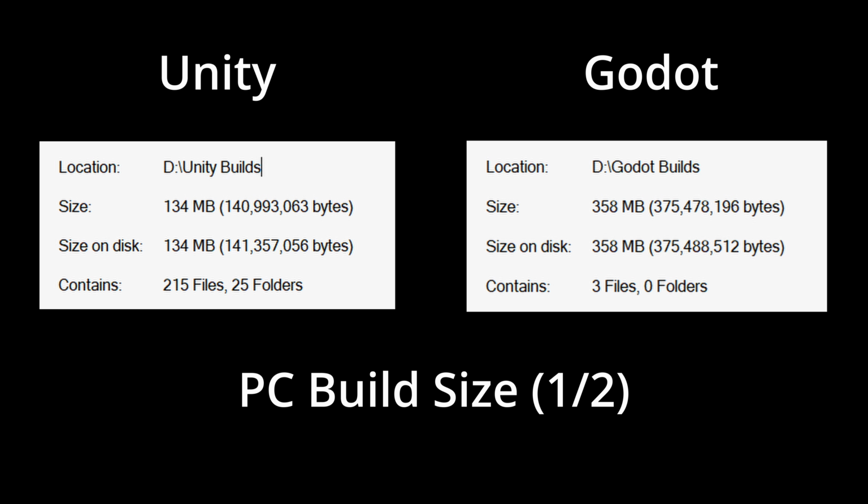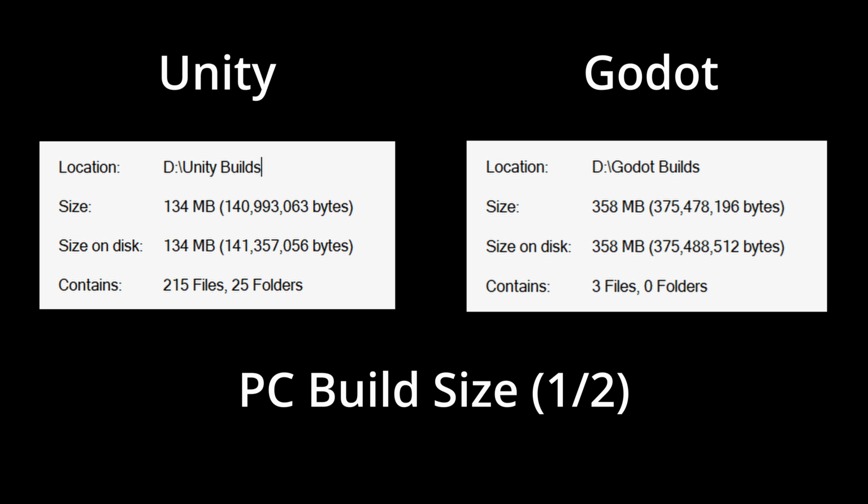Unity, I think, does by default a pretty good job when exporting a project of only including the assets and optimized assets that are being used in the scenes in your project. Godot can do that too, but it's not on by default. So when I first exported this project, I got a pretty big file size, much bigger than I was expecting, because I thought it was going to include only the used assets just like Unity did, and it included all the assets I had in my project.